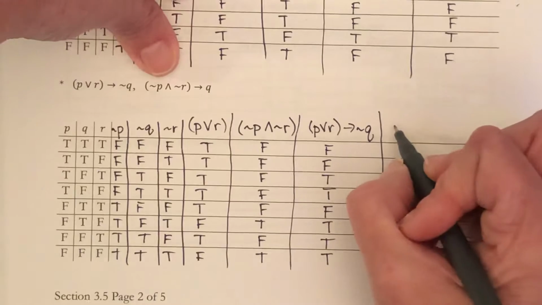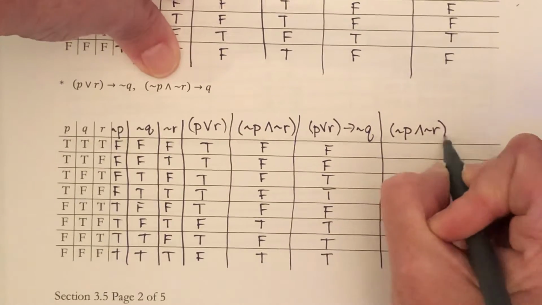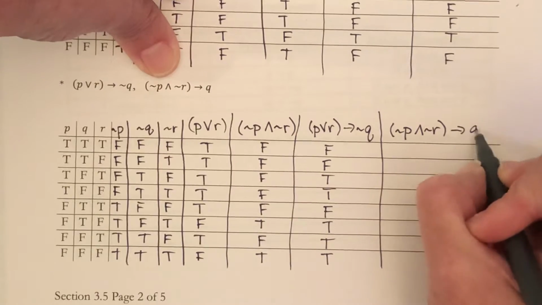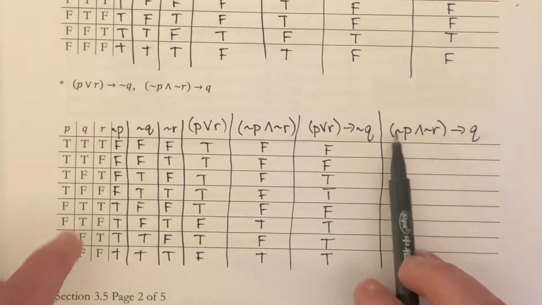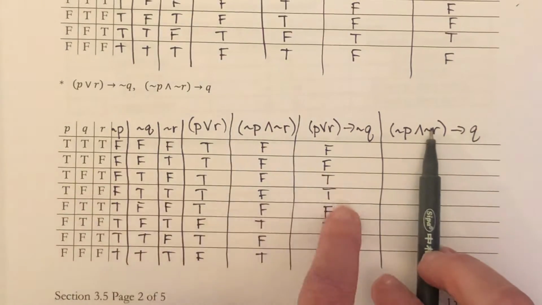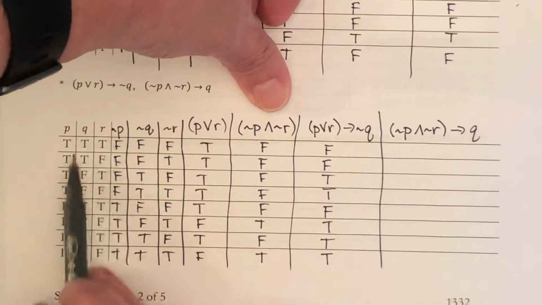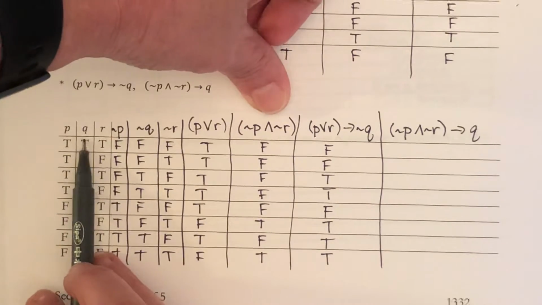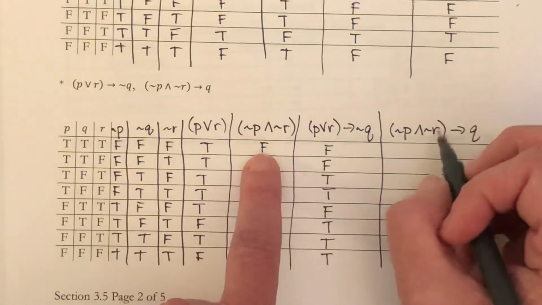Now let's do this last part. Not P, not R, that's here, going to Q, which is right here. So remember, if the first part is false, the conditional is true.